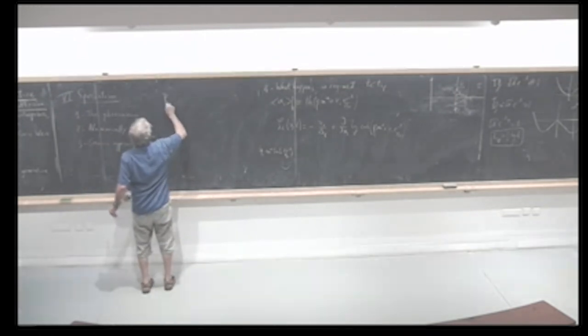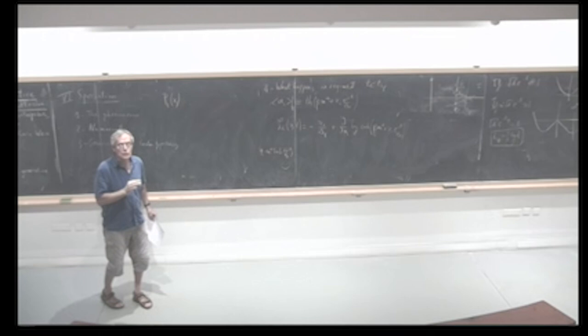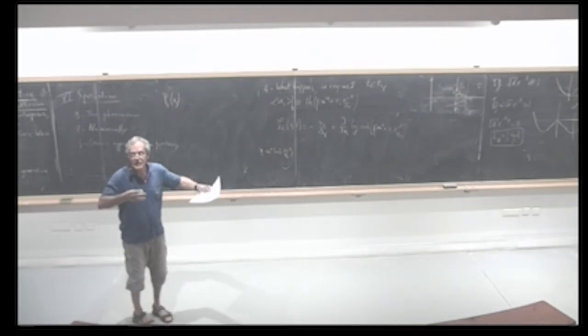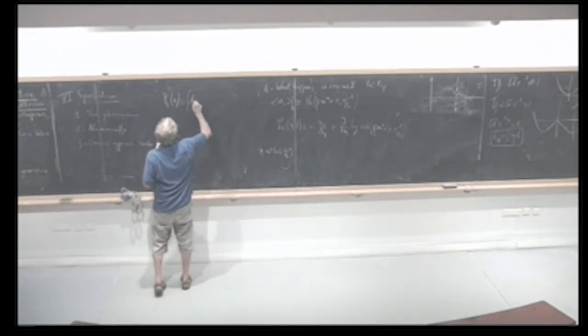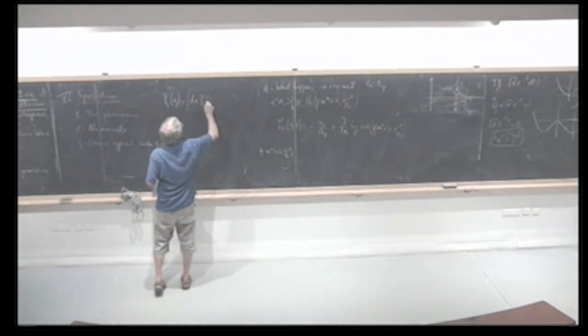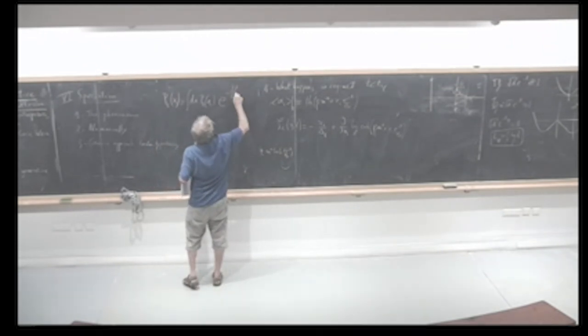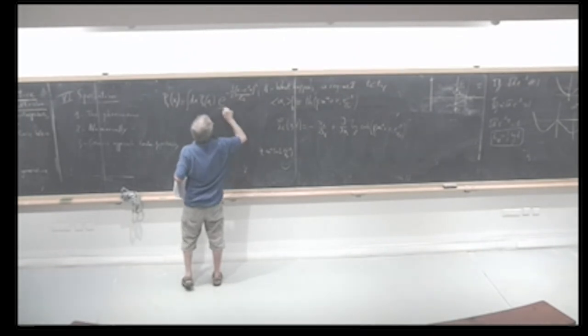The speciation is completely related to the structure of Pt of x. What is the probability density of x at time t? I remind you that the general formula is that you generate data from P0 and you make a Gaussian convolution.